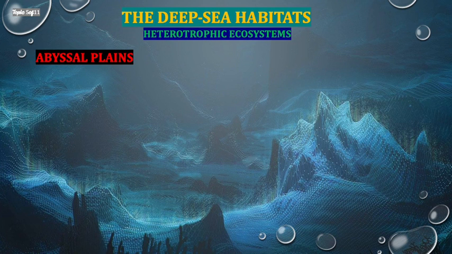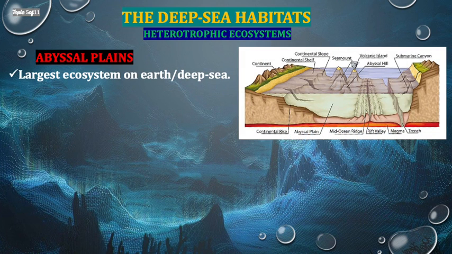Okay, the last heterotrophic ecosystem for this particular topic is the abyssal plain. The abyssal plain is the largest ecosystem on the planet, and of course in the deep sea environment. As you can see in the picture on the right, the abyssal plain is the light green colored portion here.